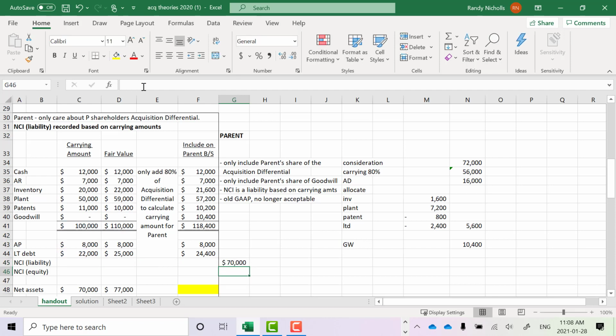That's the carrying amount, and the NCI is going to get 20% of that. So equal to 70,000 times 0.2. So 20% of the carrying value belongs to someone else.